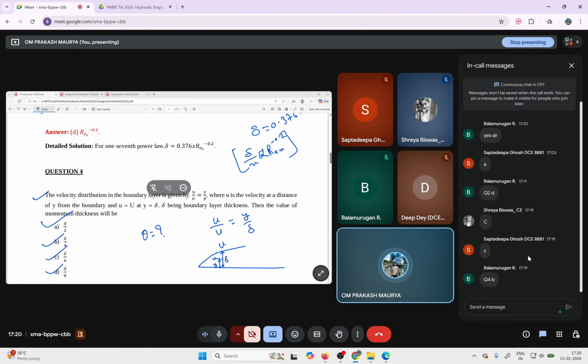For question 4, you are telling option B is correct. Okay, delta by 4.